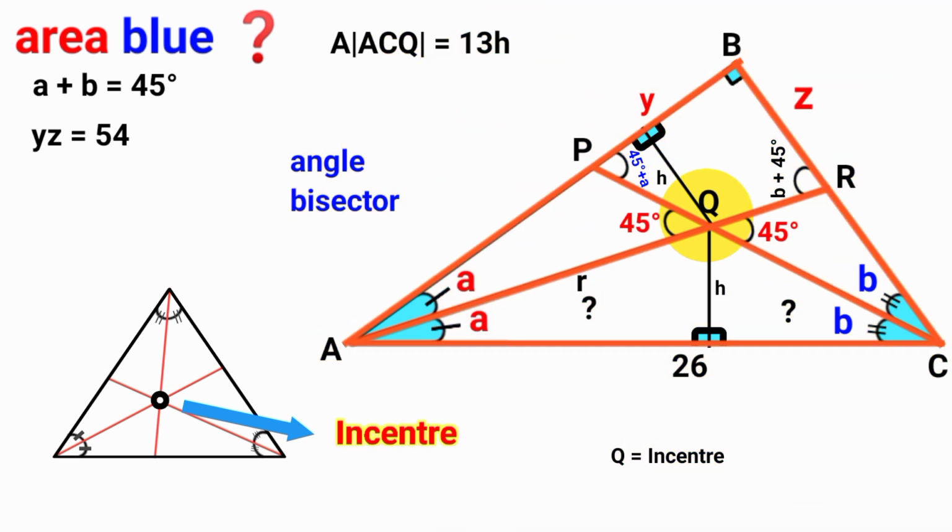Since point Q is the incenter of the triangle, if we draw a line from this vertex which will pass through the incenter, it will also be an angle bisector. That is, this angle is bisected. The angle is a right angle, which is 90 degrees. So since it is bisected, this and this part will each be half of 90 degrees, which is 45 degrees.